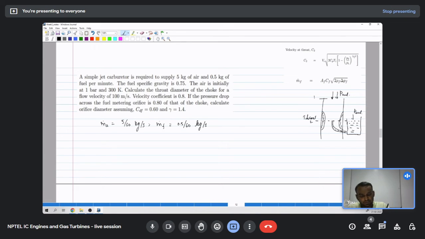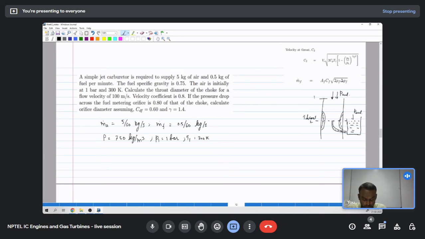The specific gravity of the fuel is 0.75, that means density is 750 kg per meter cube. The air is initially at 1 bar, so P1 is 1 bar and T1 is 300 Kelvin. Calculate the throat diameter of the choke for a flow velocity of 100 meter per second.